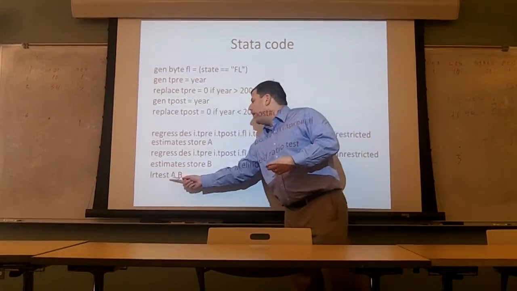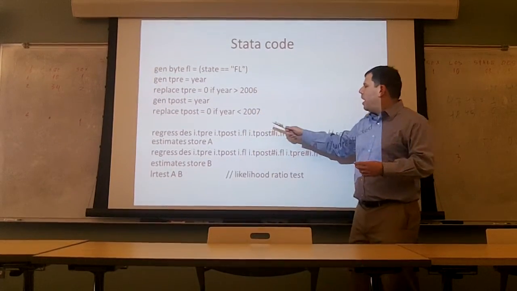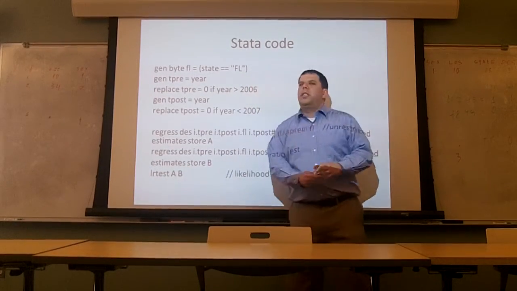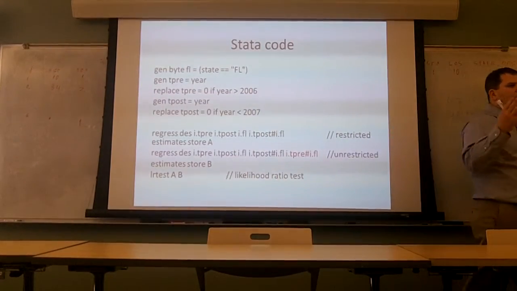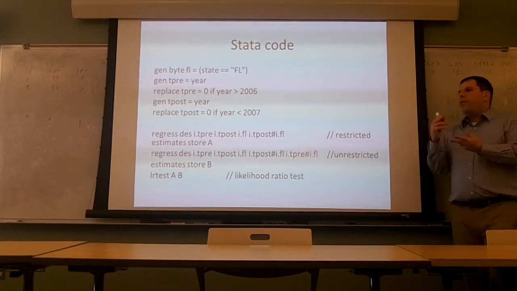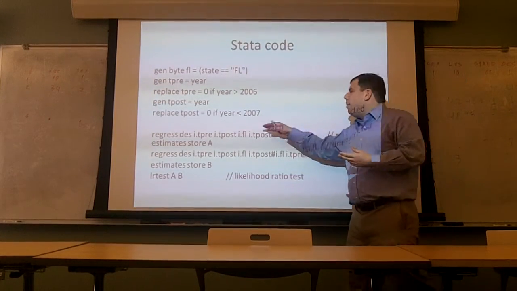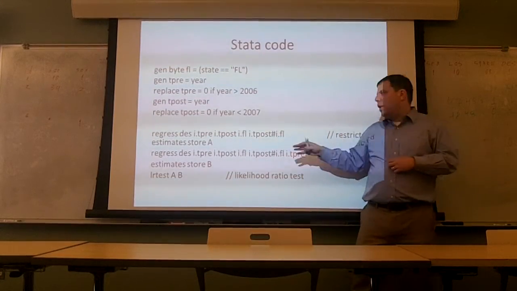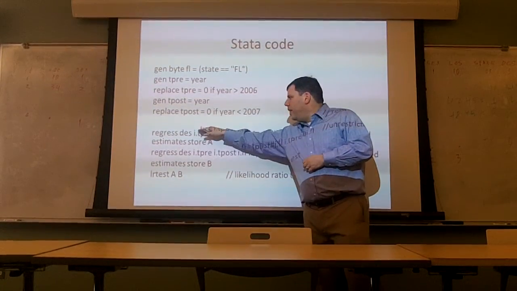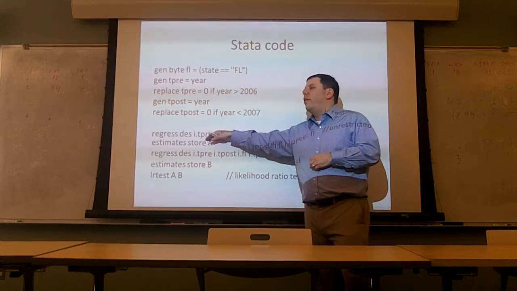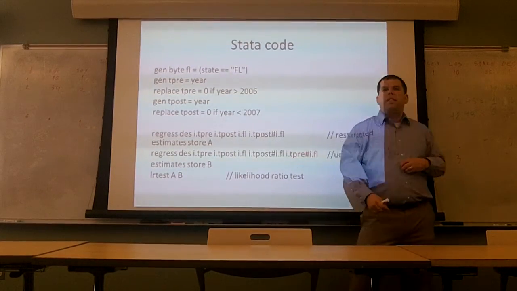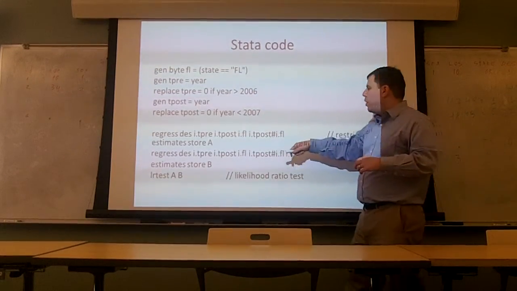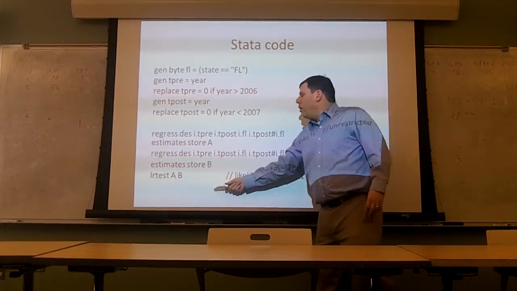And then LR test A B says compare the model fit for A and B using a likelihood ratio test, which is the generic name for partial F. For any kind of maximum likelihood model, logistic regression, probit, C-log-log, GLM, anything estimated with maximum likelihood, including regress, you can use this LR test procedure.